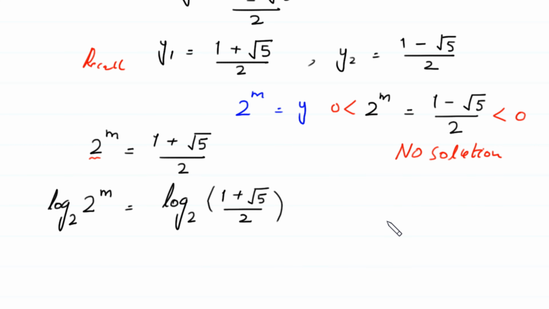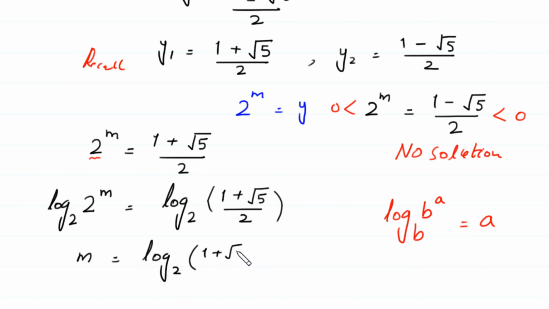Now according to this log property, log base b of b to the power a is equal to a. This log base 2 of 2 to the power m is equal to this m, so m is equal to log base 2 of 1 plus square root of 5 over 2.